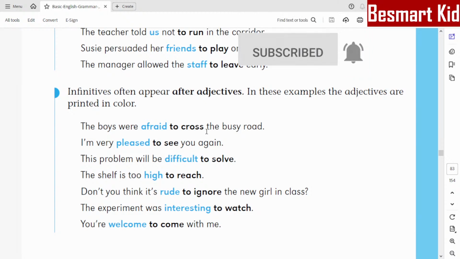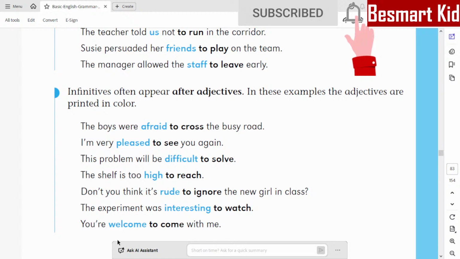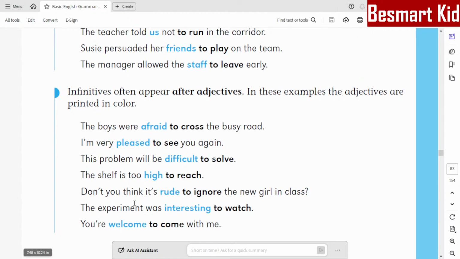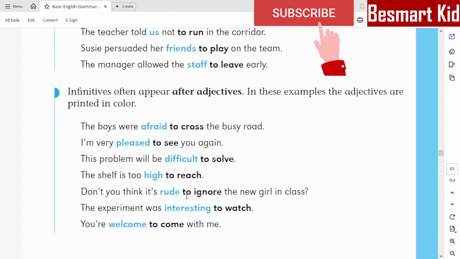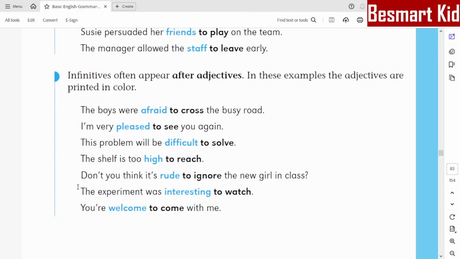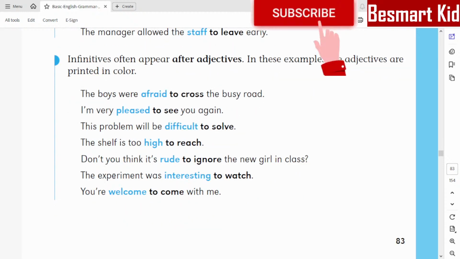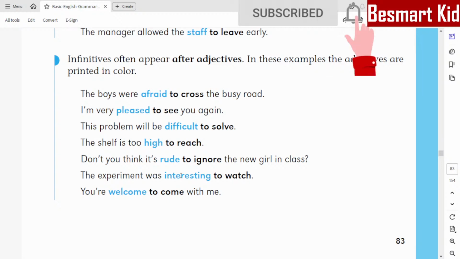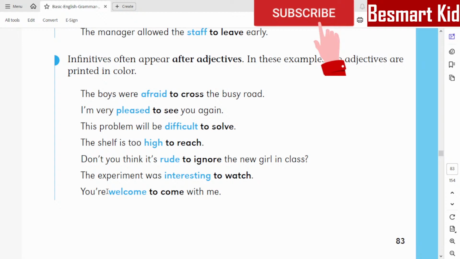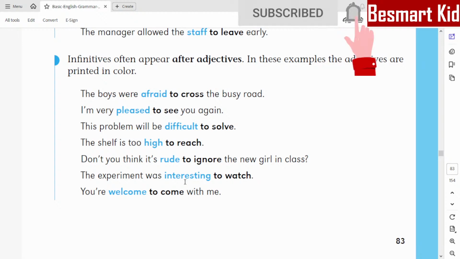The shelf is too high to reach. Do you think it's rude to ignore the new girl in class? The experiment was interesting to watch. You are welcome to come with me.